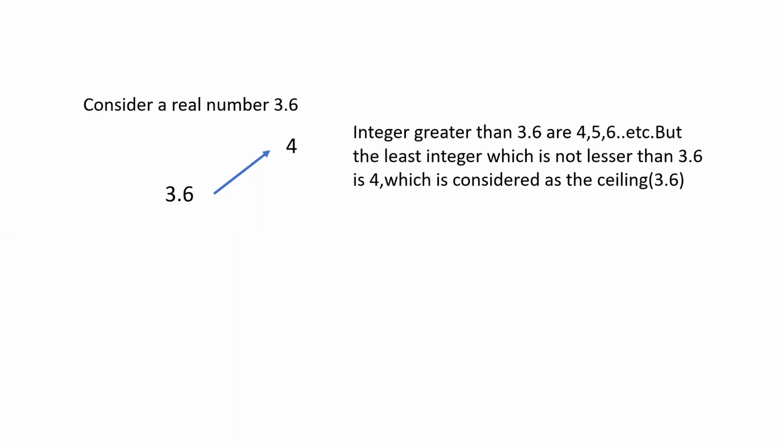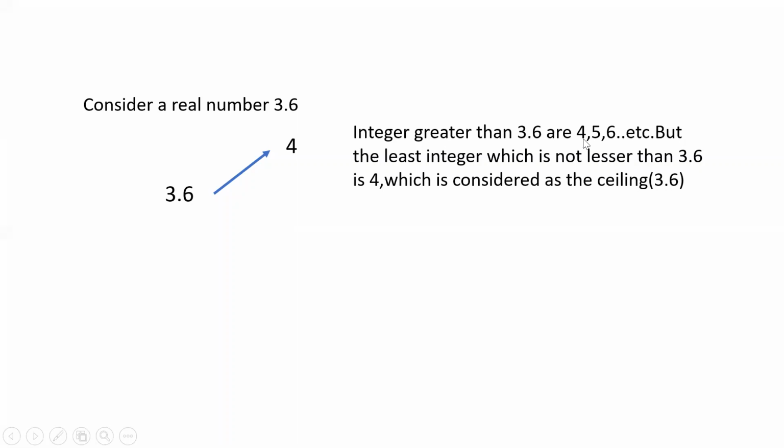They are just giving the definition to confuse you. Which is not lesser than means which is greater than 3.6. Got it? We already listed 4, 5, 6 as integers greater than 3.6. Otherwise, if we had written integers lesser than 3.6, we would be writing 3, 2, 1, etc. But here we were trying to find integers greater than 3.6, so we listed 4, 5, 6.